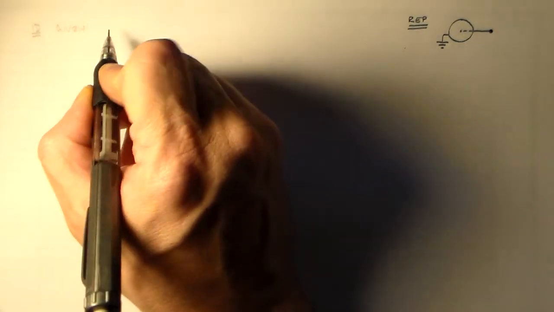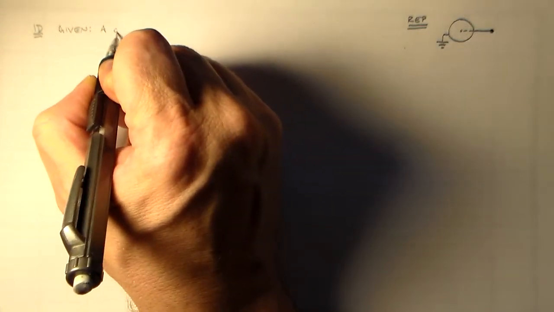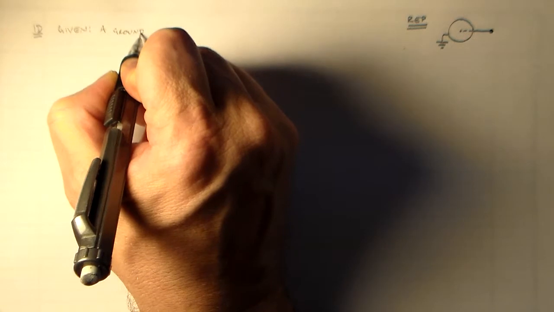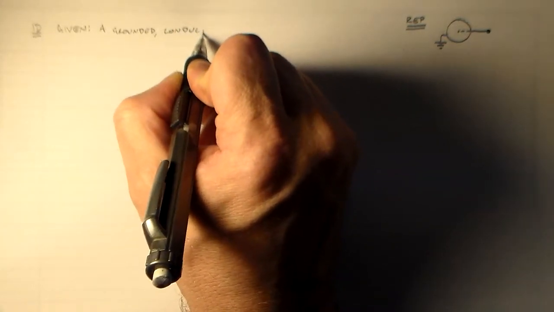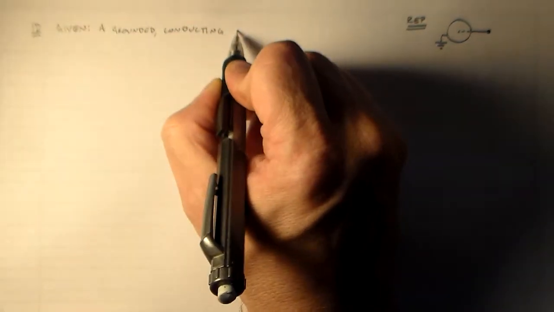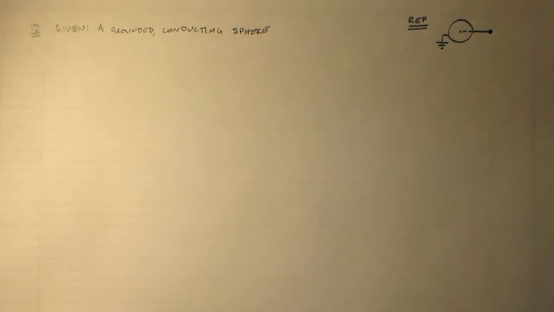All right. Okay, so let's just rewrite what I just said. I said that we had a grounded conducting sphere. That's our favorite, a grounded conducting sphere. I'm actually agnostic about what's going on on the inside. It doesn't really matter. Is it a spherical shell?